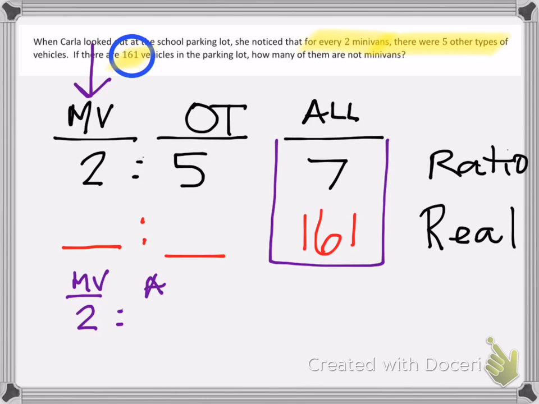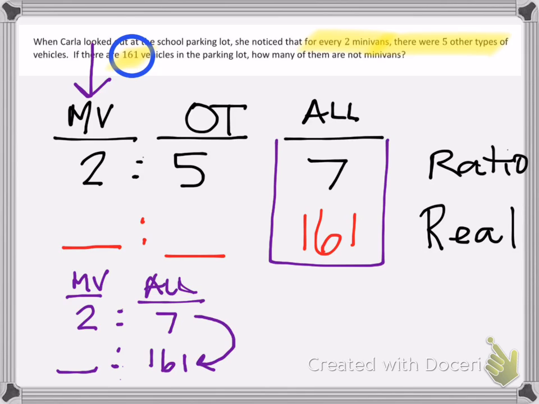So my all vehicle number is 7. That's on the ratio side. The real number of total vehicles is 161. Well, now I've got it set up so I can use a constant. I can use a constant and find out 7 times what is 161.